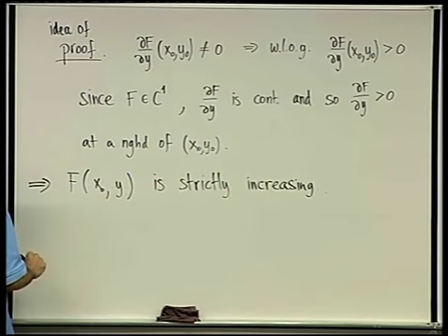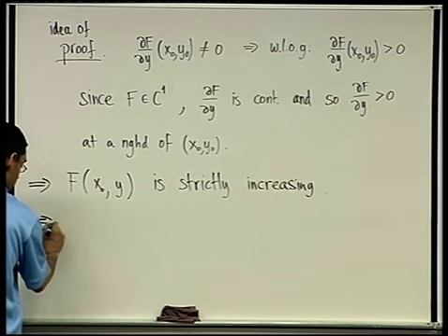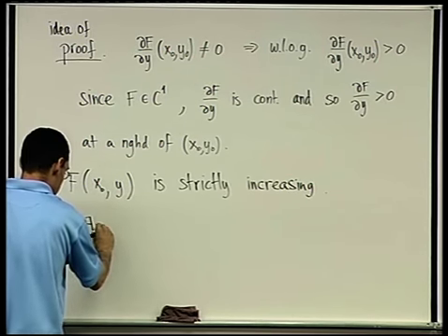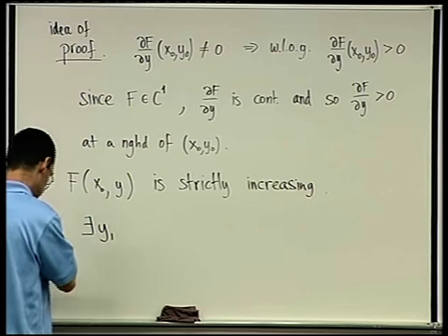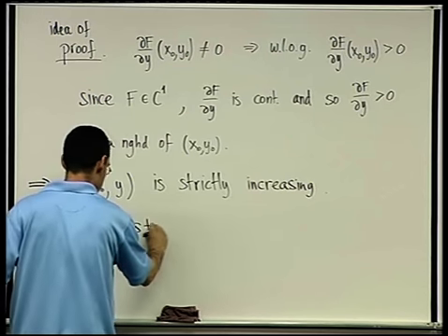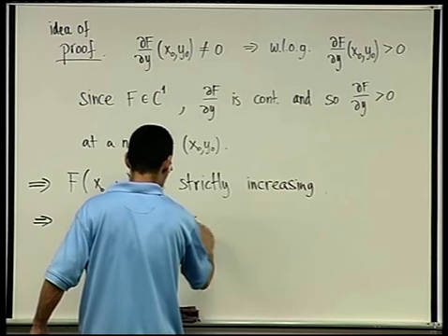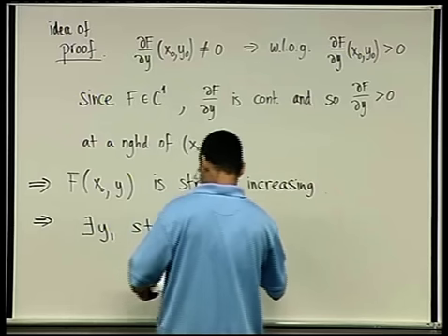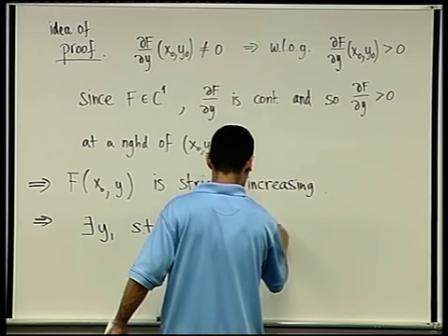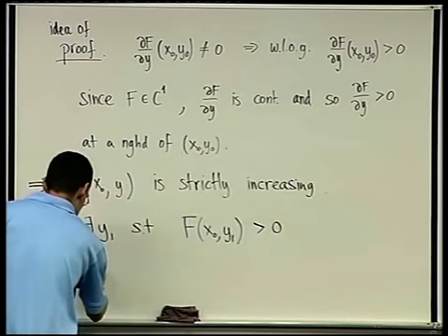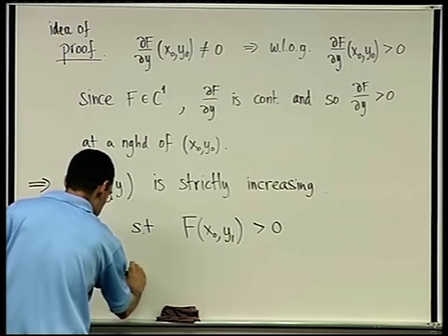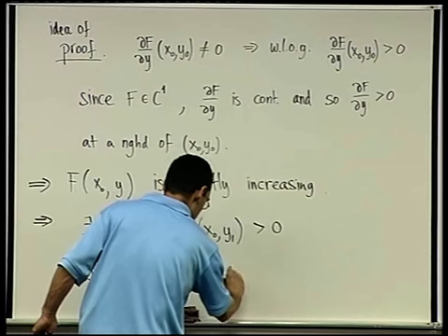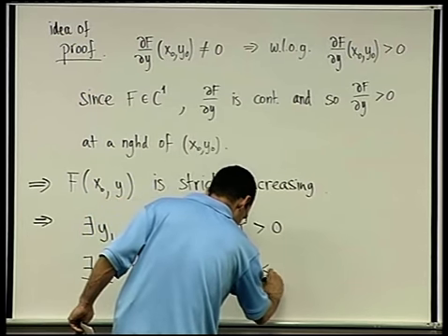What does it mean that a function is increasing? So we can deduce from here that there exists a value y1 such that f at x0, y1 is positive, and there exists a y2 such that the value of f at x0, y2 is negative.